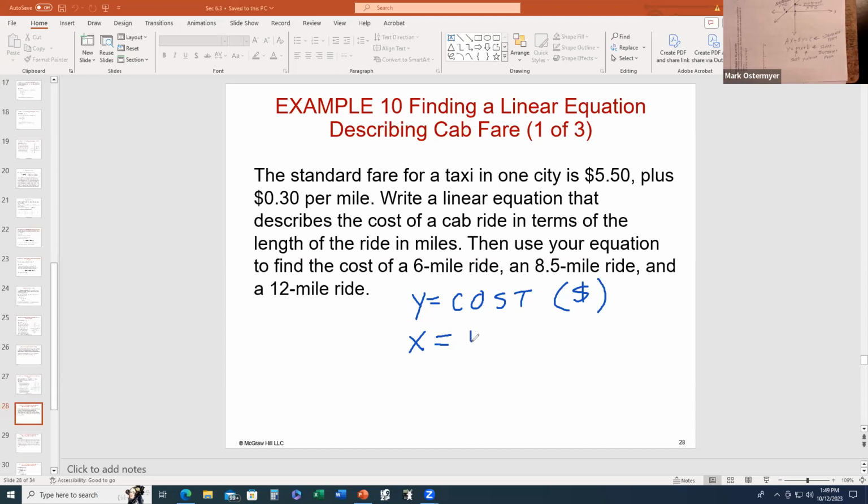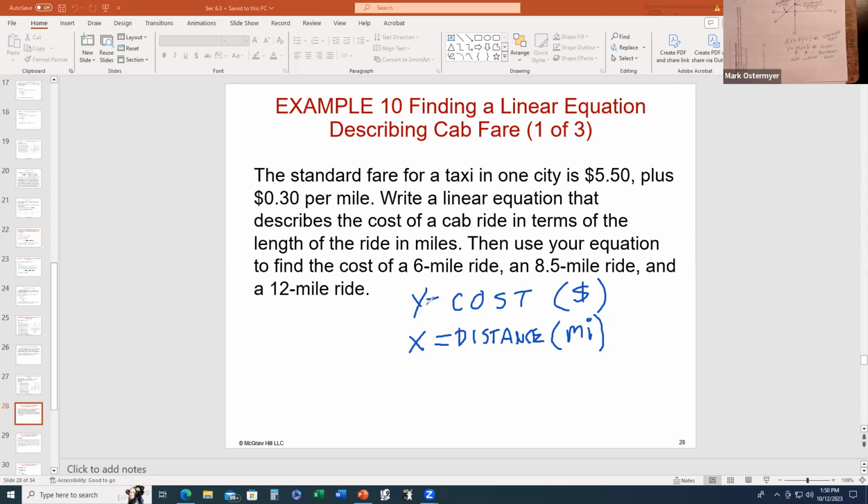Wrong. It's not time. It should be distance. Sorry about that. x is the distance that I ride in this cab. They charge me by distance, not time. And the distance will be in miles.